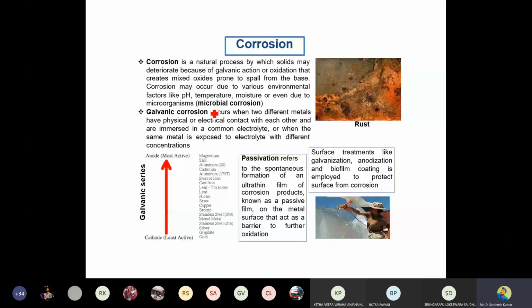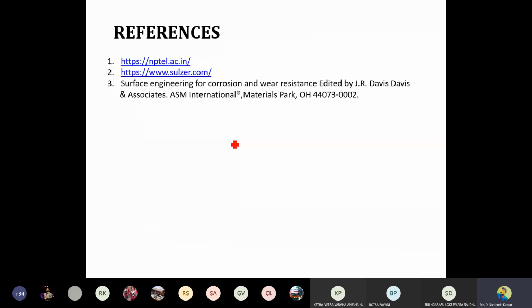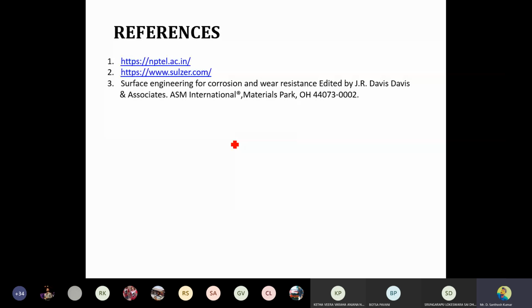So how to select the materials and all those things, because this two-metal corrosion or galvanic corrosion is very important. So I think this is today's lecture. I hope you understand this: what is the surface, what are the surface energies, and what are the properties affecting the surface.